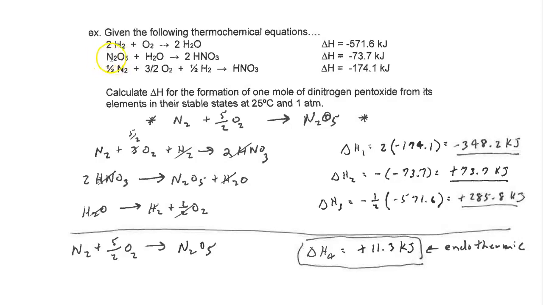Well, I've got 1 mole. I needed 1 mole, so I don't have to multiply by anything. I just have to flip the equation. So that's what we did here. We simply took this equation, so now it's 2HNO3 goes to N2O5 plus H2O. All right, if delta H for this was negative 73.7 kilojoules, what's delta H for this one right here? Well, positive 73.7 kilojoules. We flipped the equation, and so therefore we changed the sign.